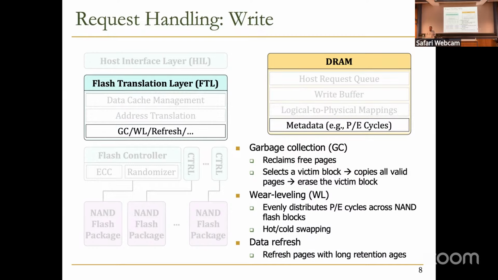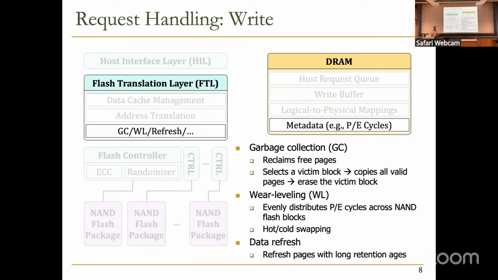And another important operation is data refreshing, which the FTL also does. The data refresh tries to refresh pages with long retention ages. So flash memory is considered non-volatile, which means it can retain the charge for a long time, maybe forever. But that's too ideal. After some time, you really need to refresh them.